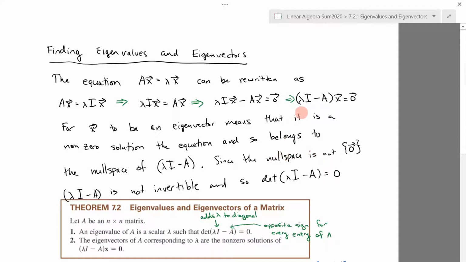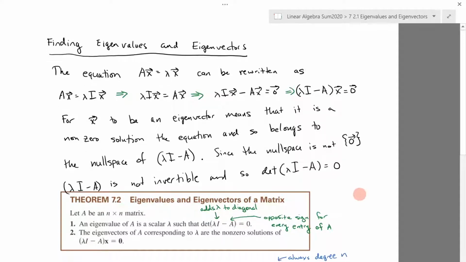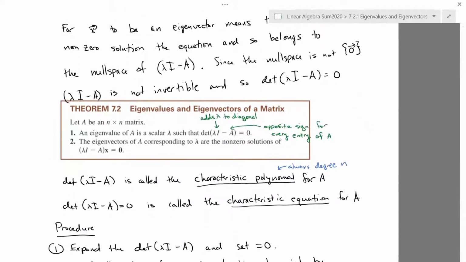And so that means that this matrix here is not 1-to-1, and so it's not invertible. And since it's not invertible, the determinant of this thing is equal to 0. And so basically this discussion will tell us how to find the eigenvalues and eigenvectors.